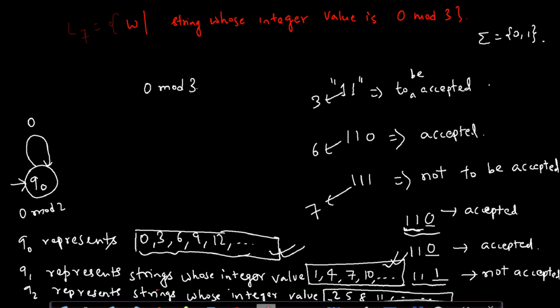So from Q0, if you see 1, where should you go? You should go to Q1. Why? When you are at Q0, the strings that you have seen so far belong to this group, maybe the binary string was 3 or 6 or 9.